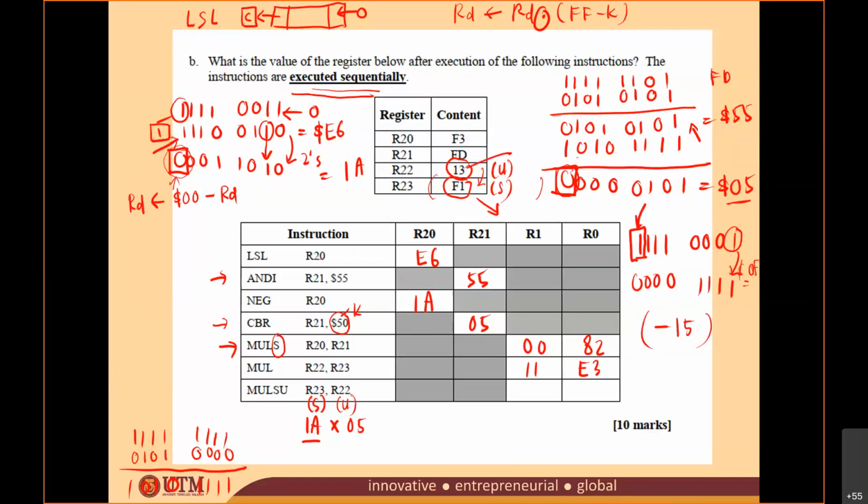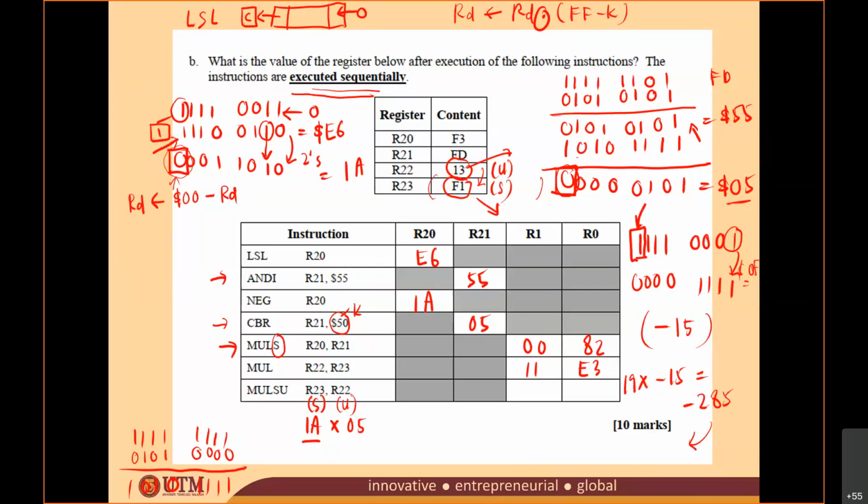Okay, so this negative 15, and 13 convert to decimal berapa dapat ya? 13 convert to decimal. Can somebody help me? Okay, 19. So 19 multiply with negative 15, you will get negative berapa di sini? Okay, negative 285. Negative 285 convert to hexadecimal, what value you get?